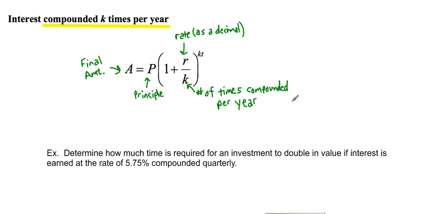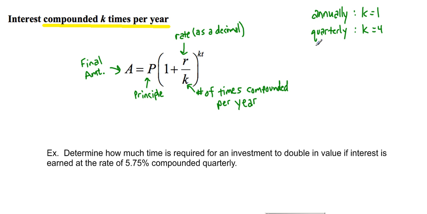So for example, if you were given a problem where it was compounded annually, then your k would be 1, since it would compound once a year. If it was compounded quarterly, then your k value would be 4 times per year, 4 quarters in a year.